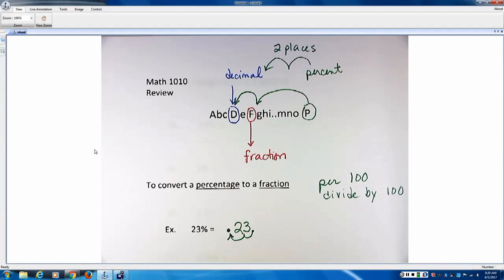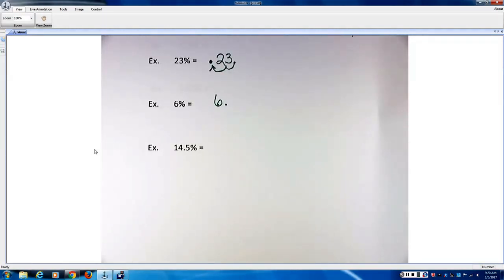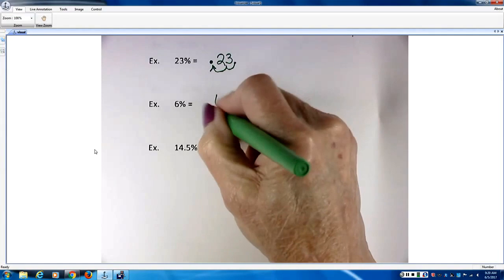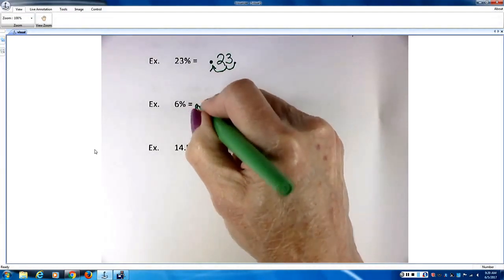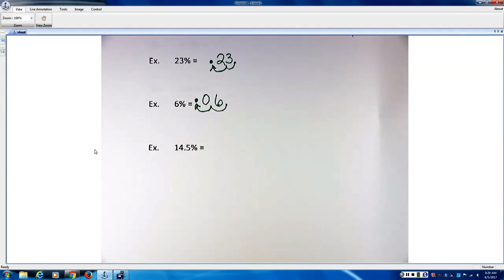Okay? So if you have 6%, you replace your initial percentage sign with the decimal. And then you move 2 places, again, to the left. But if you move 2 places to the left, that means you'll have to put in a 0.